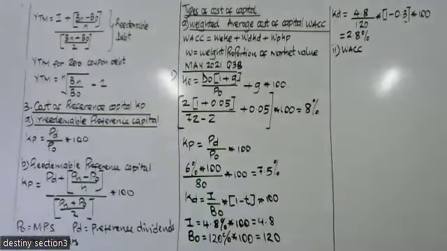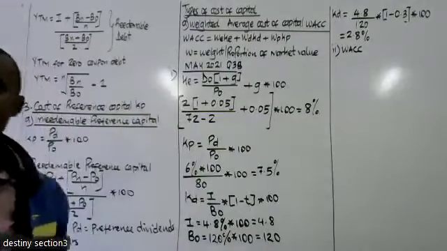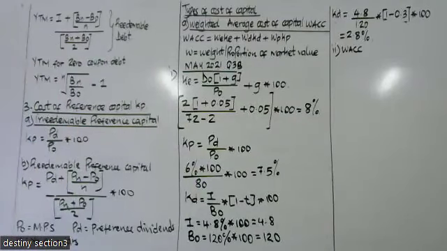Always remember, when you're getting this component cost, refer to this as the component cost. You normally do not use notation. Let me repeat again. We normally have two types of cost of capital. Number one, WACC. Number two, weighted marginal cost of capital.